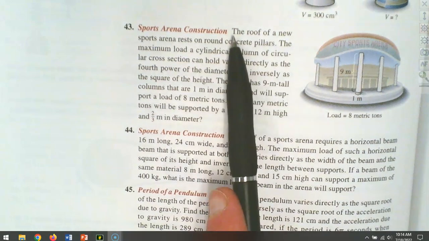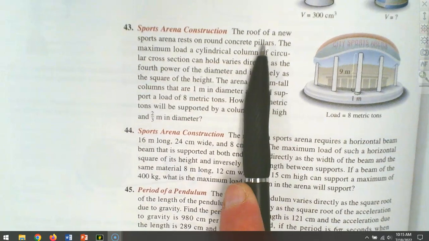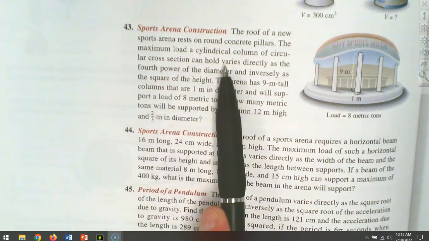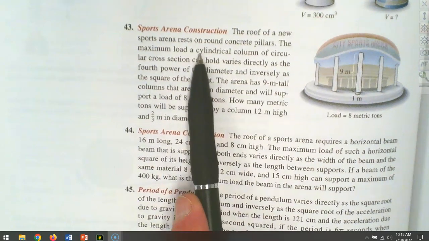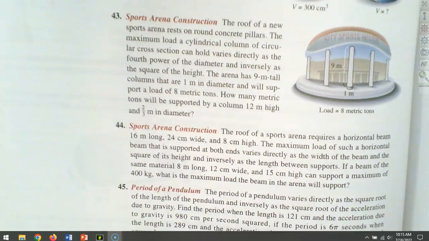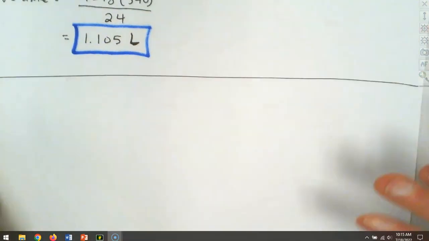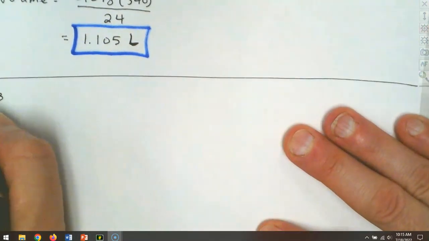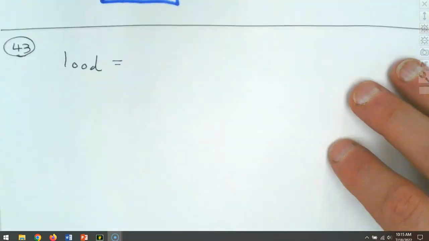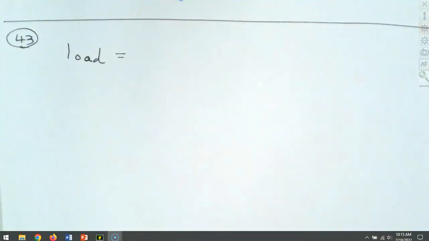So what are we looking for? The roof of a new sports arena rests on circular concrete pillars. The maximum load that it can handle varies directly. Okay, so what are we looking at here? We are looking at the load this column can handle. So we'll just say that's going to be the maximum load on this column. So the maximum load that it can handle is going to what?